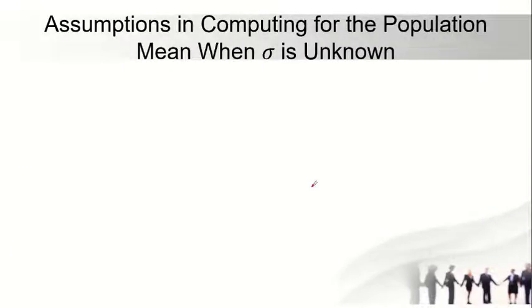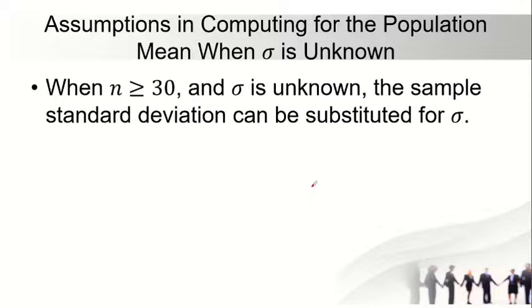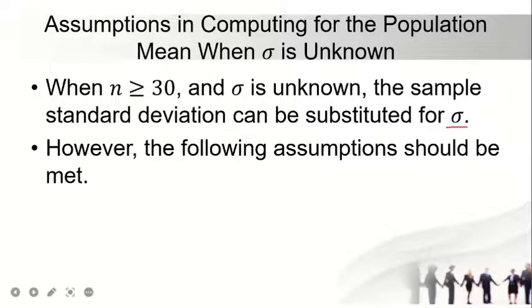We have assumptions in computing for the population mean when the standard deviation is unknown. When n is greater than or equal to 30 and the standard deviation is unknown, the sample standard deviation can be substituted for it.